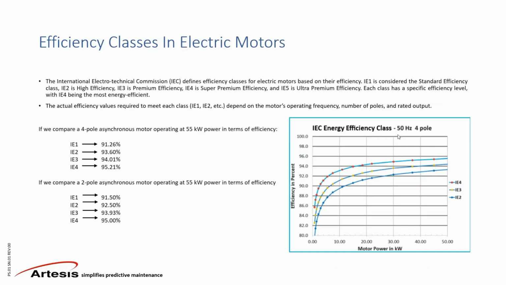So the International Electrotechnical Commission defines efficiency classes for electric motors based on their efficiency. There are 4 commonly used efficiency classes internationally, starting with efficiency class 1 up to 4, and the efficiencies go from 91% to 95%.